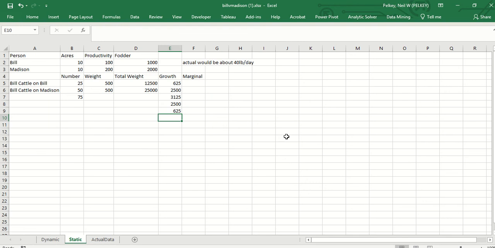And this is the Coasean argument that sometimes if the factors of production, if society could be better off, or maybe if Madison really, it wasn't worth $625 to Madison to allow the cattle on there, Bill could run 25 cows on his land, and Madison could pay him $50 or $625 not to have the 50 head of cattle on her land. And that's where Coase becomes reflexive: the optimum doesn't depend on who owns the land, it depends on the factor productivities of those resources to optimize social outcomes.